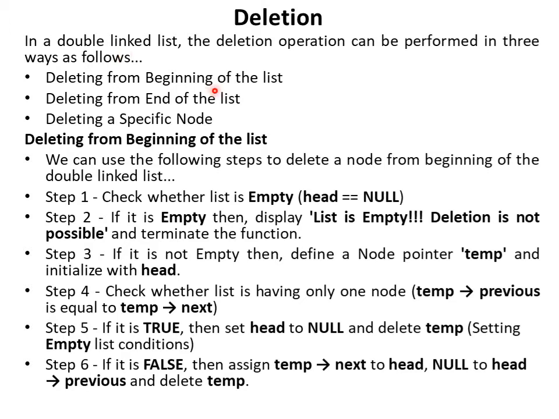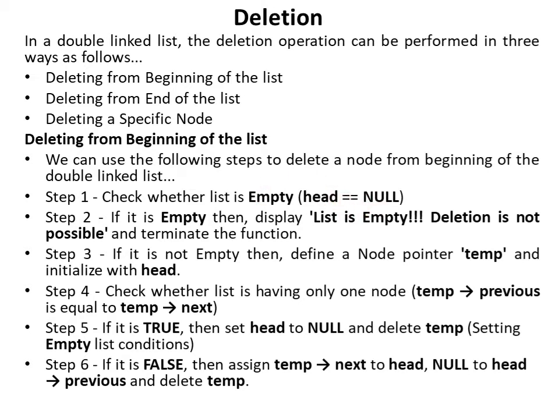First I will take deleting from the beginning of the list. Here you can follow the steps, that means the algorithm. First I will check whether the list is empty or not. For that reason I am checking head equals null. What is the head?